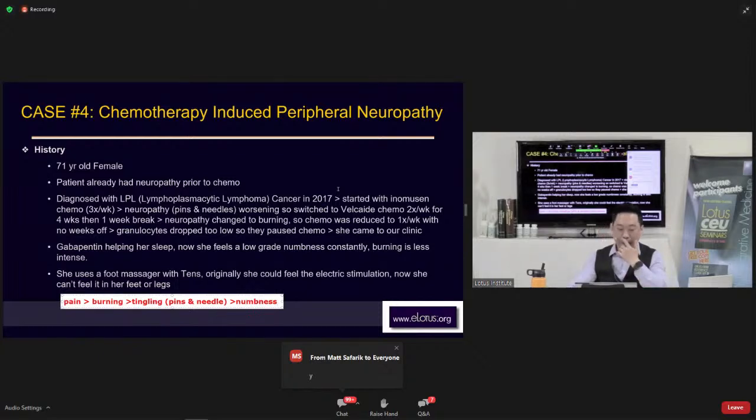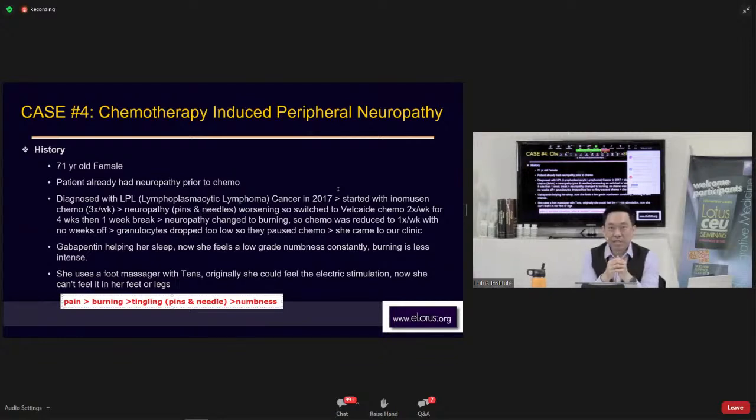Okay, great. So this is what I've noticed over the 15 years treating thousands of neuropathy. They start off with pain, right? Pain is actually a good thing. If someone has nerve damage, pain is a great thing, because it's easier to fix. Then they go to burning, and then tingling, which is like the pins and needles, and then the numbness. Can they feel all of these at the same time? Yes.